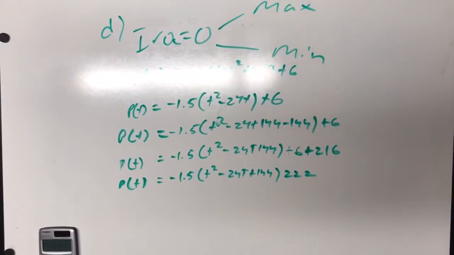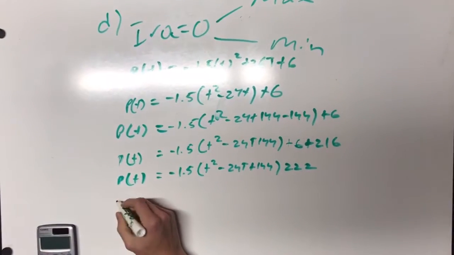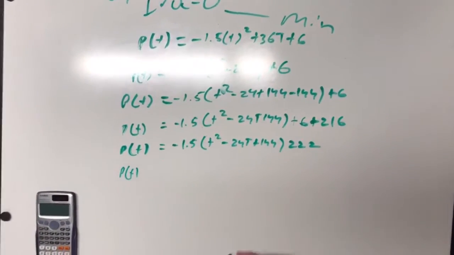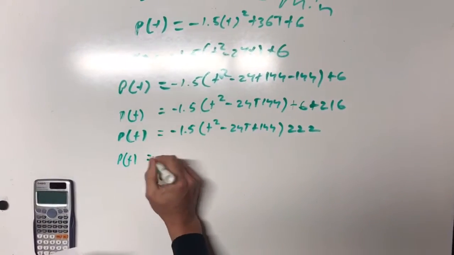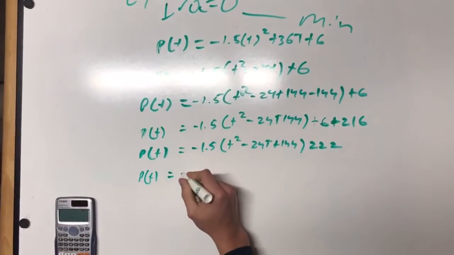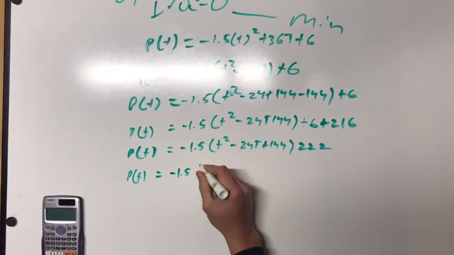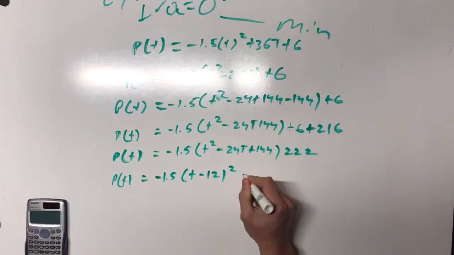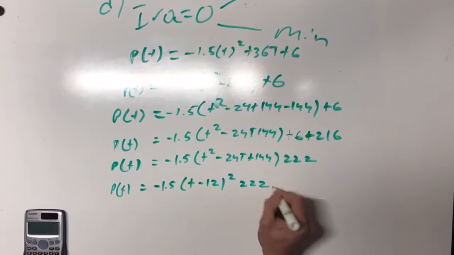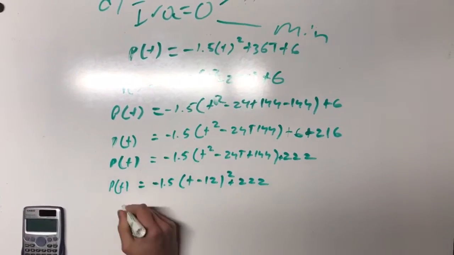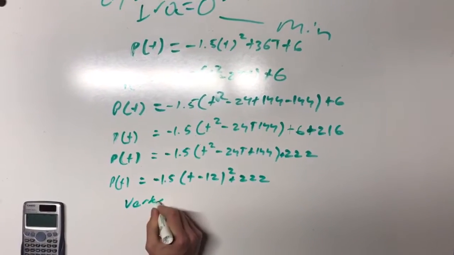So now you know here, one point of your vertex already is 222. It's your y value. So now you're going to factor this to find your x. And there's your vertex.